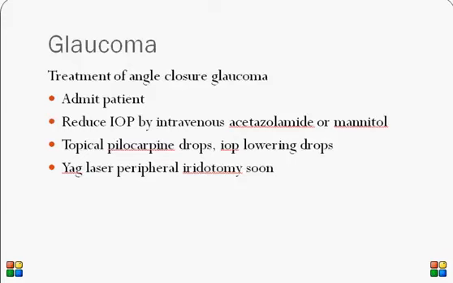You start the patient on topical pilocarpine drops and other intraocular pressure lowering drops. The definitive treatment involves doing YAG laser peripheral iridotomy, where you create an opening in the peripheral part of the iris to allow the aqueous to be drained.